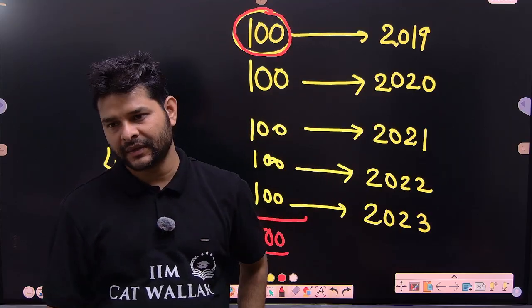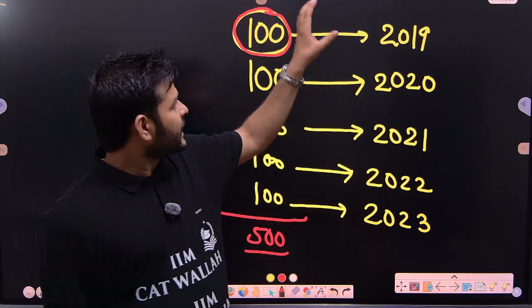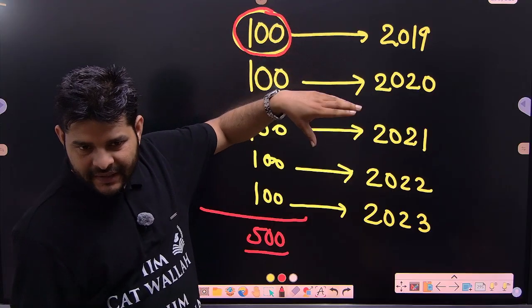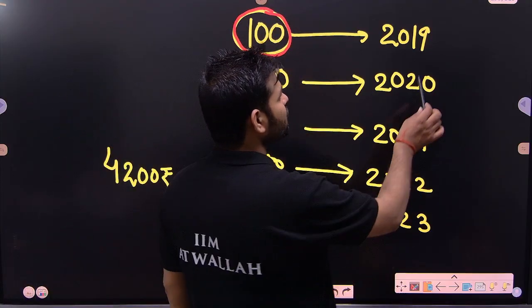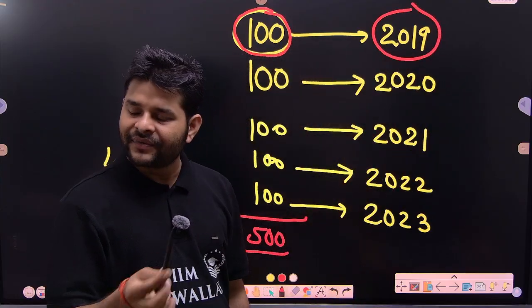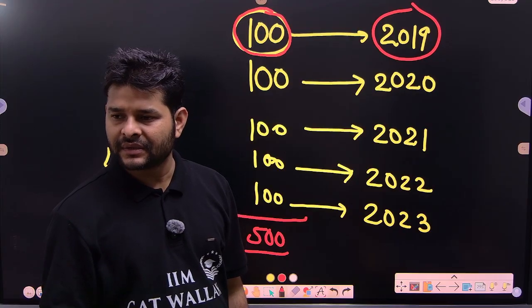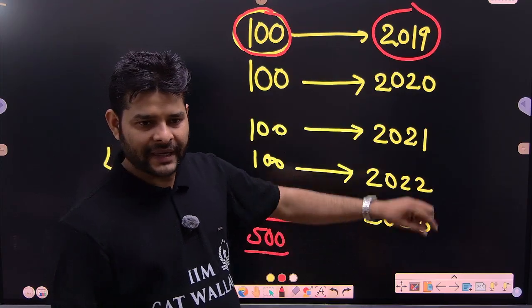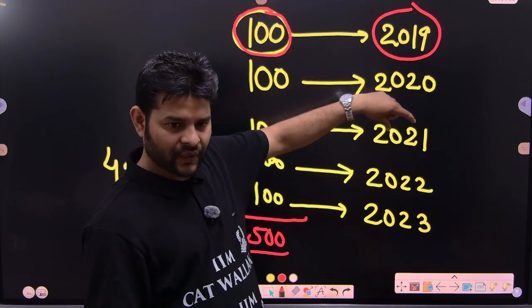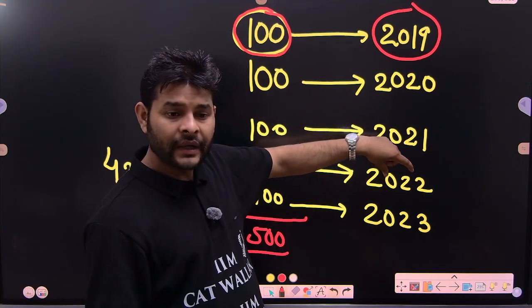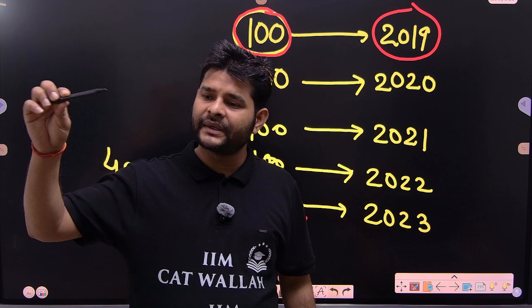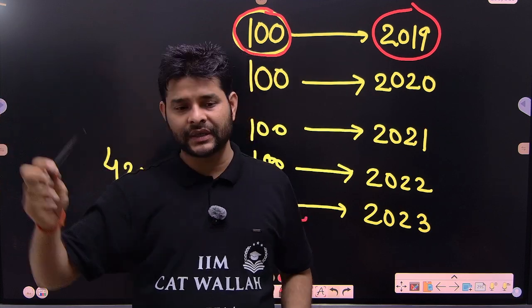4 years. The reason behind it is that the 100 unit has been deposited in the bank at the end of 2019. So just after 1 day 2019 is finished. So he will get the interest for 2020, 21, 22 and 23 because the amount is taken at the end of 23.